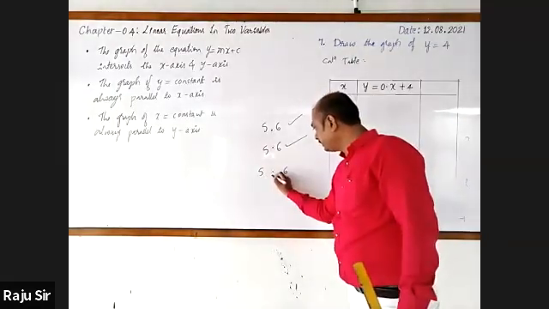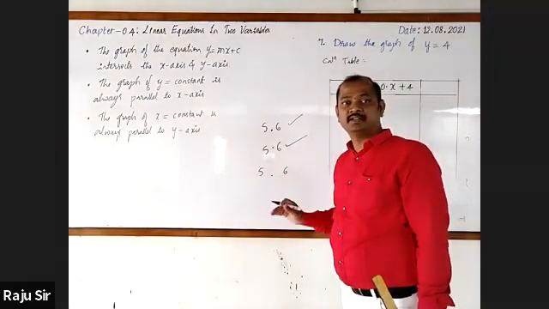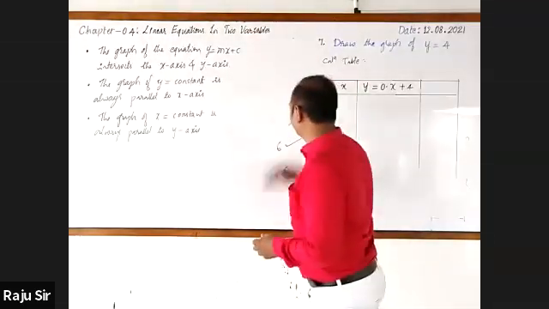If you write below, it is 5 points. Got it? They're all small things to be remembered.